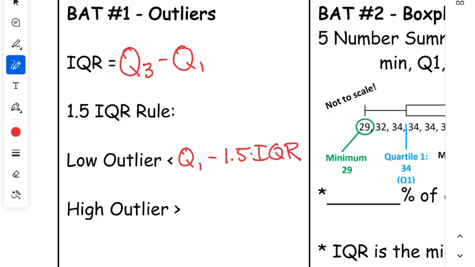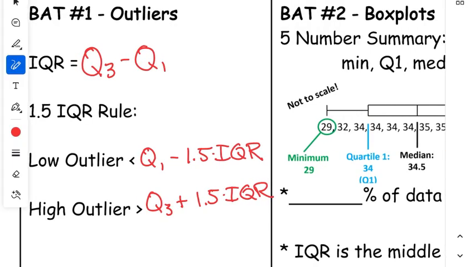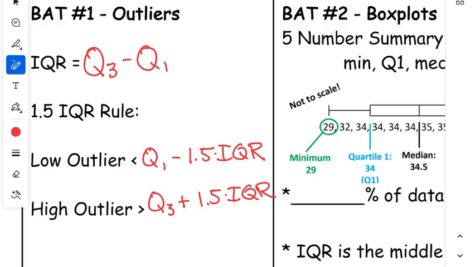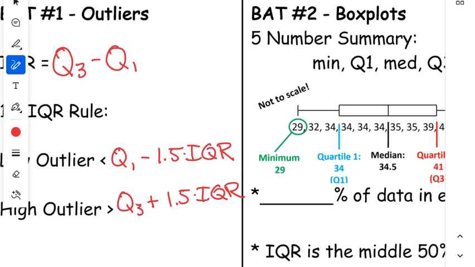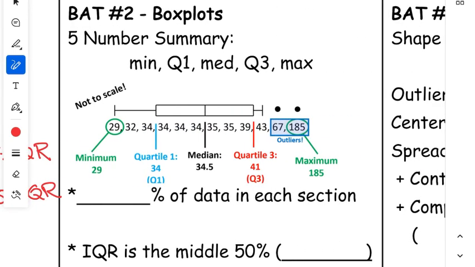A low outlier would be smaller than Q1 minus 1.5 times the IQR. Then our high outlier would be Q3 plus 1.5 times the IQR. So you've got to have your two boundaries on the left and the right, on the low side and the high side.